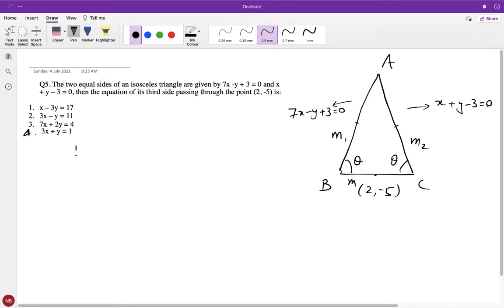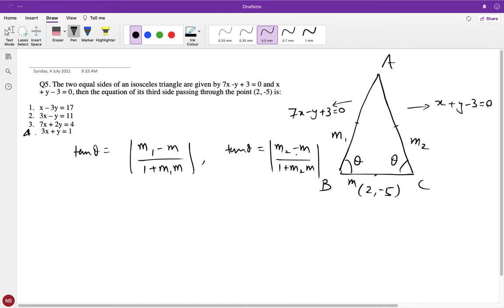We know that tan theta is equal to |(m1 minus m) by (1 plus m1m)|, and tan theta is also equal to, because these two angles are equal, |(m2 minus m) by (1 plus m2 m)|. From this equation, y is equal to 7x plus 3, so 7 is the slope, so m1 is 7, and from here I can see that y is equal to minus x plus 3, so m2 is equal to minus 1.